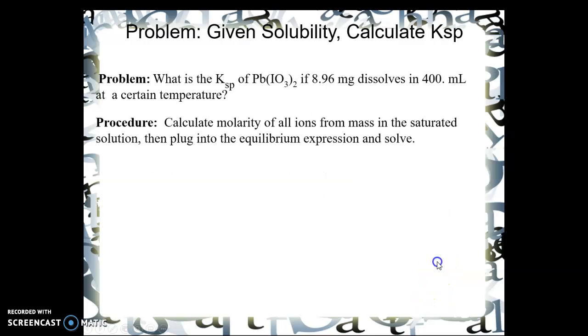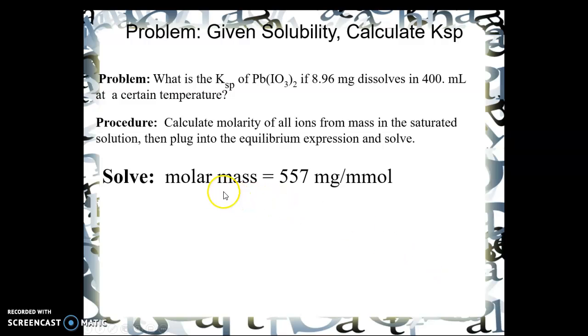So here we go. The molar mass of lead iodate is 557 milligrams per millimole. So we're going to divide that into 8.96 milligrams, and we get concentration of 4.02 times 10 to the negative 5th molar when we get the number of moles of the lead iodate from here, and then we divide by 400 milliliters.